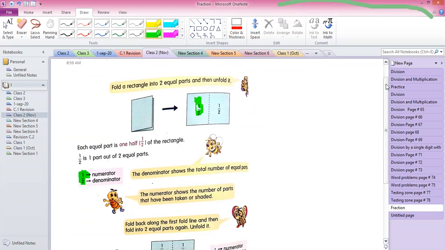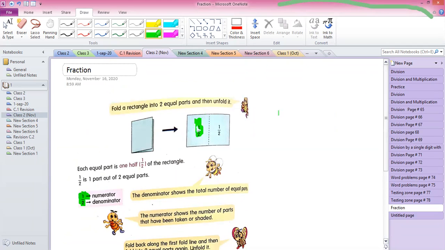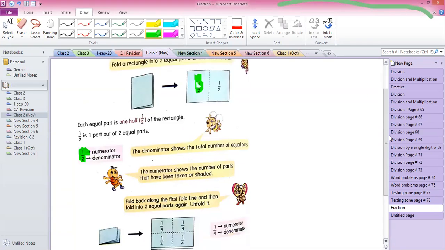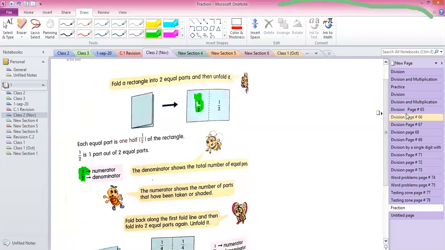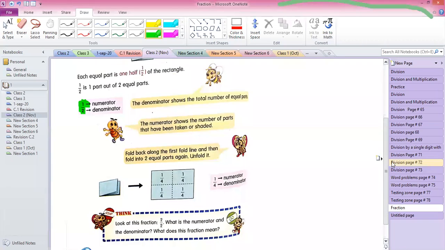Coming to one more example, if we have the same rectangle, we fold it one time, and again we fold it one more time. So you can see that there are now four equal pieces. If after folding like this you unfold it, you will find that the paper is divided into four equal parts.